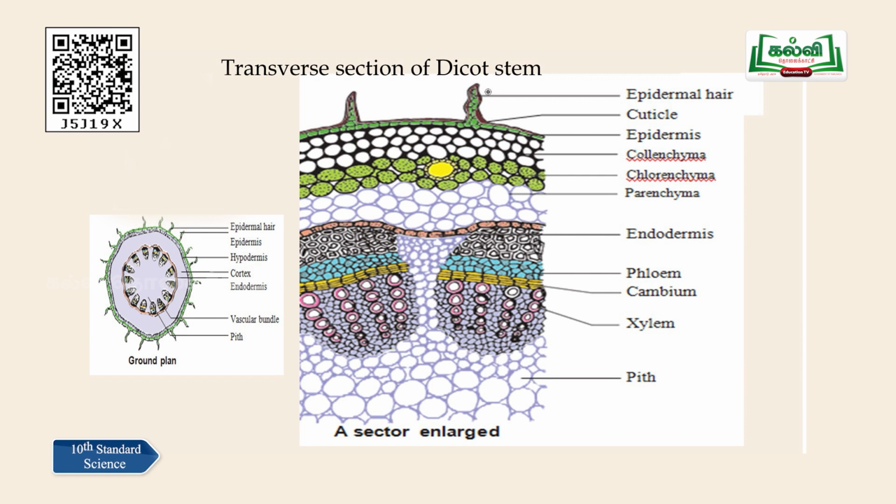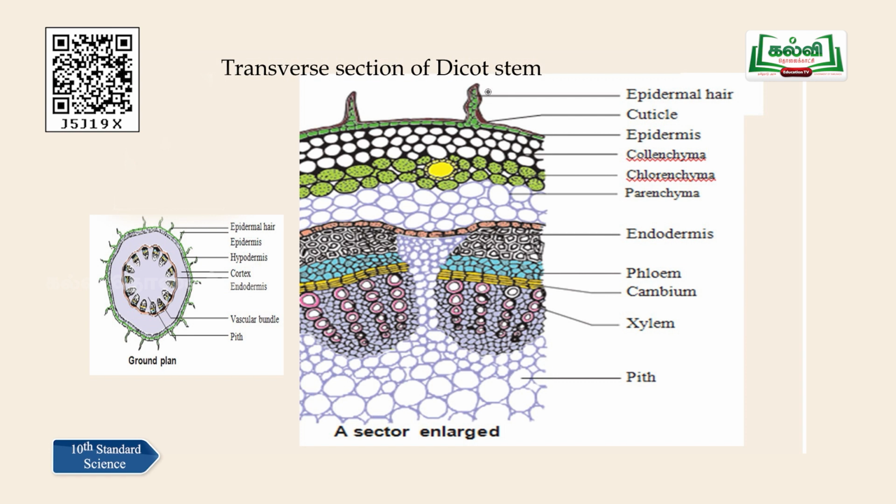One is the collenchyma cells, next the chlorenchyma cells, and the third is the parenchyma cells. Below it you can see the endodermis. The endodermis is single layered and has barrel shaped cells, and in the core of it is the vascular bundle, and above the vascular bundle we have the pericycle.